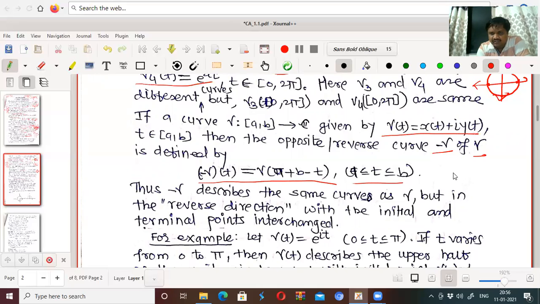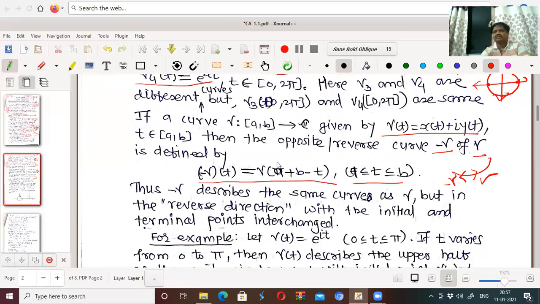That means if your curve gamma is in this direction, then only the direction will be changed, it will be minus gamma. Initial point becomes terminal point and terminal point becomes initial point. For example, if I put t equal to a here, minus gamma at a becomes gamma at b and minus gamma at b becomes gamma at a.